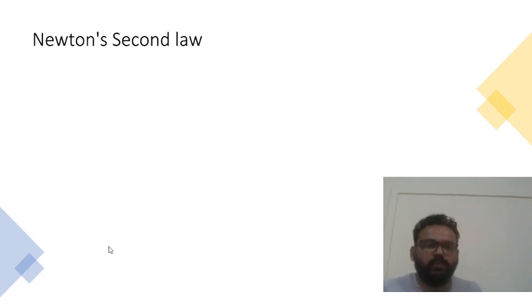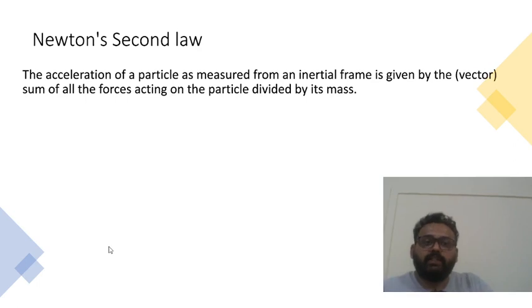What is the second law? The acceleration of a particle measured from an inertial frame is given by the vector sum of all forces acting on the particle divided by its mass. So let's formulate it mathematically. What does it say?